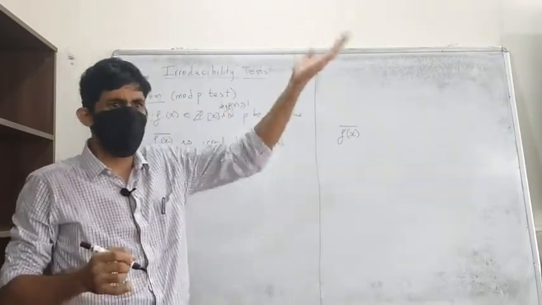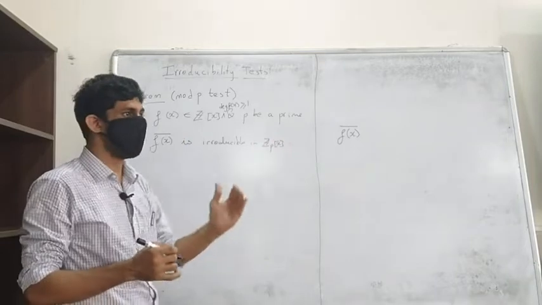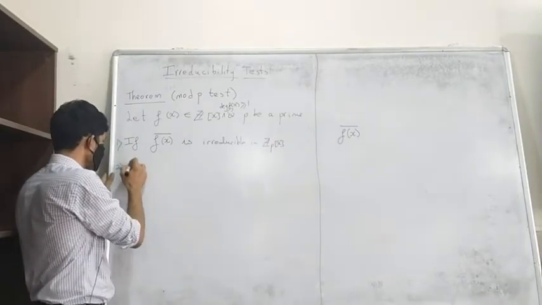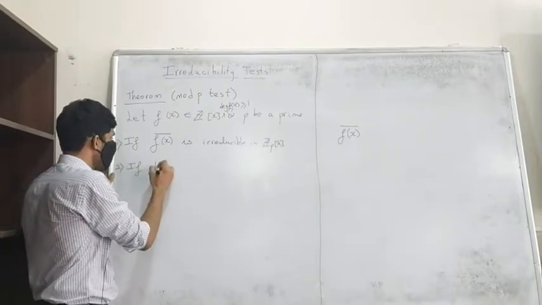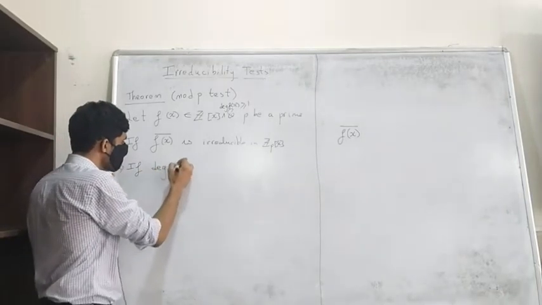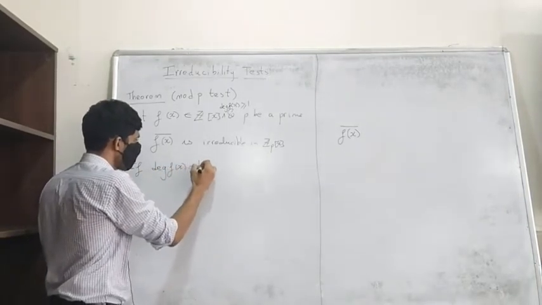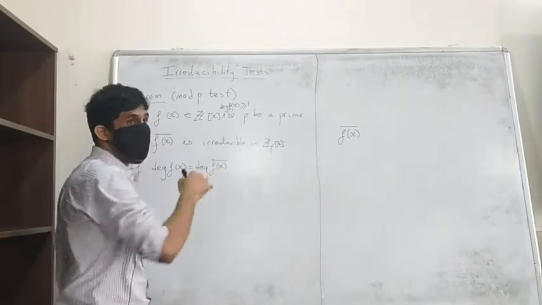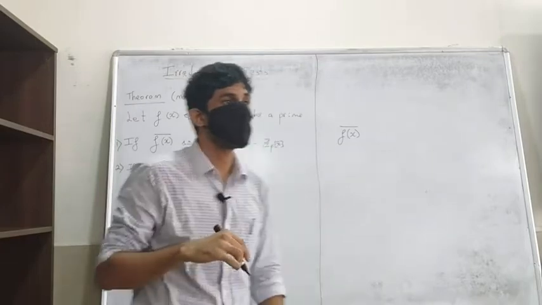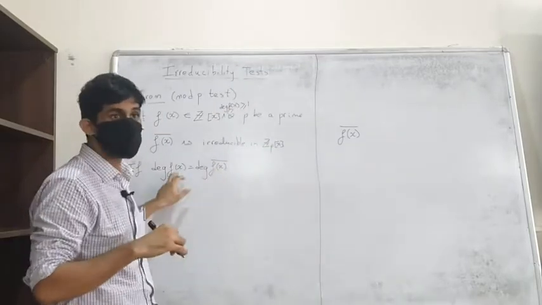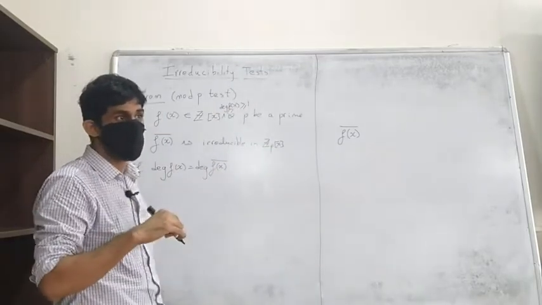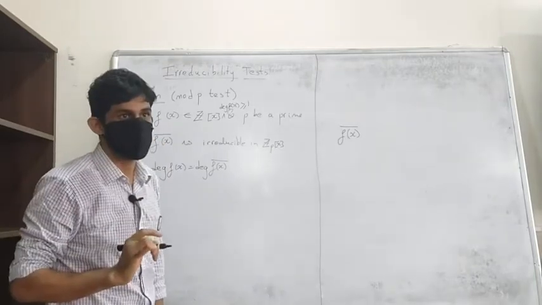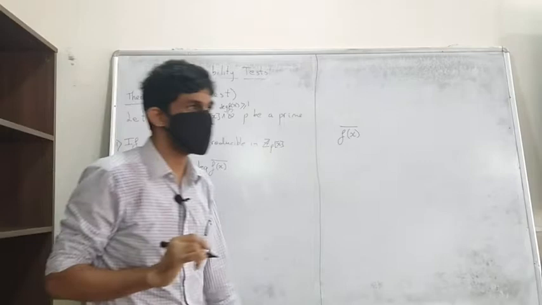There's no way the degree can go up; it can only go down in that manner. So the degree of f(x) bar is the same as the degree of f(x), in other words, the leading coefficient of f is not a multiple of p. So there are two things which you need to check.